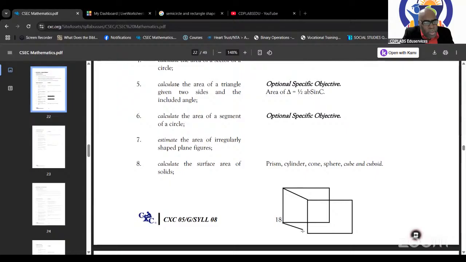I don't want to hear the formula. Common sense first. I want your common sense first. What your common sense says, tell me. You want to find the total surface area of the prism.